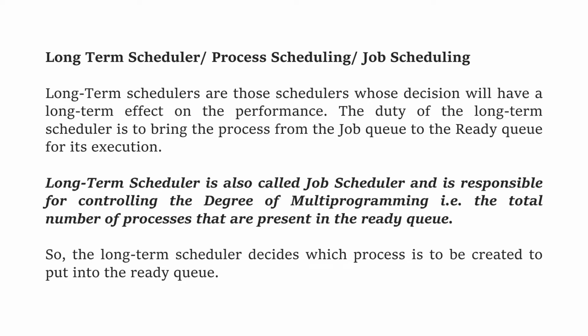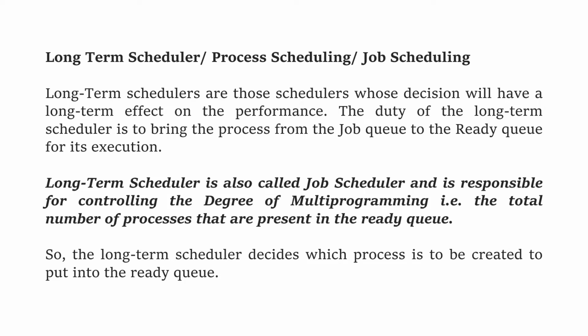First, we are going to see about the long-term scheduler. The long-term scheduler is also known as job scheduling or process scheduling. These are schedulers whose decision will have a long-term effect on the performance. So we are calling this the long-term scheduler.